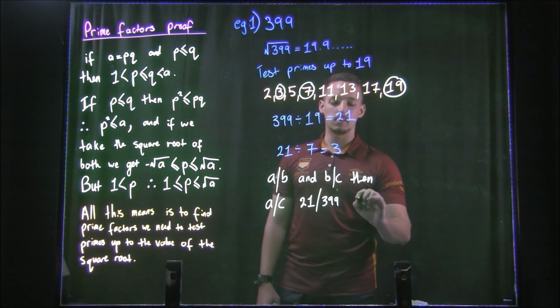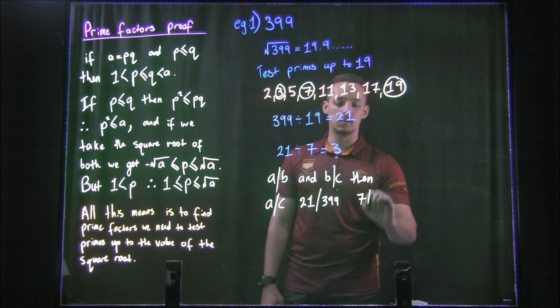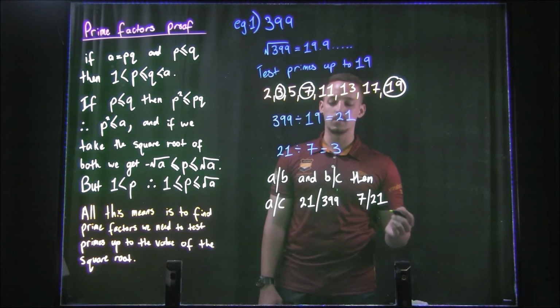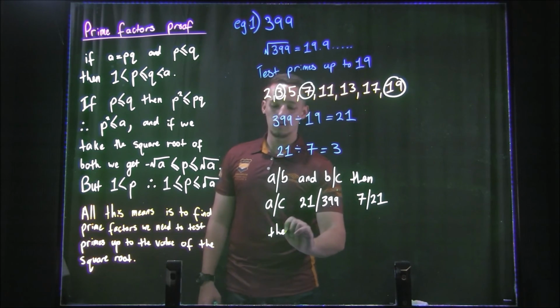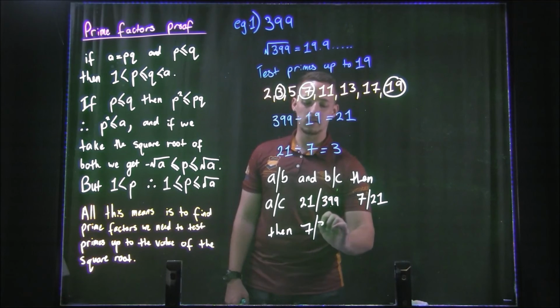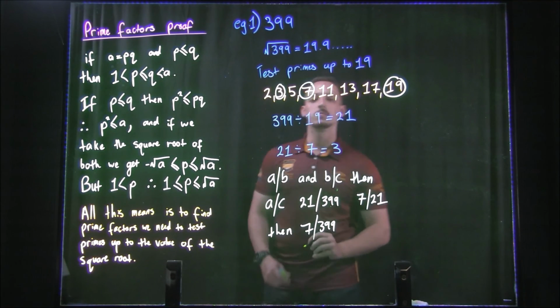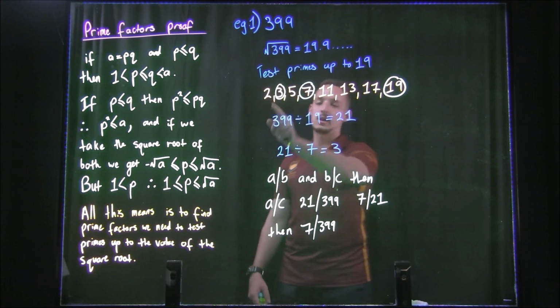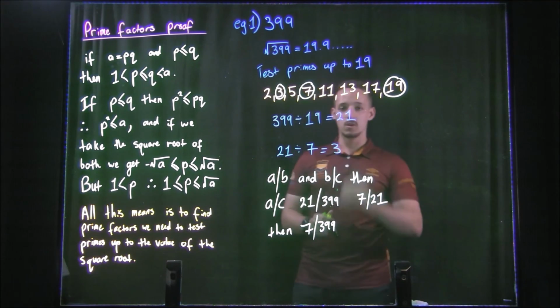And 7 is a factor of 21, just for one example, then 7 must be a factor of 399. And it's the same for 19 and 3. That's one example.